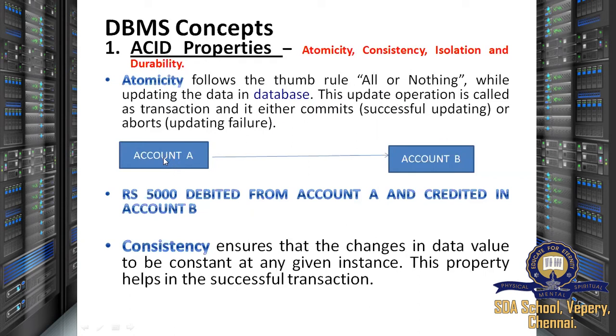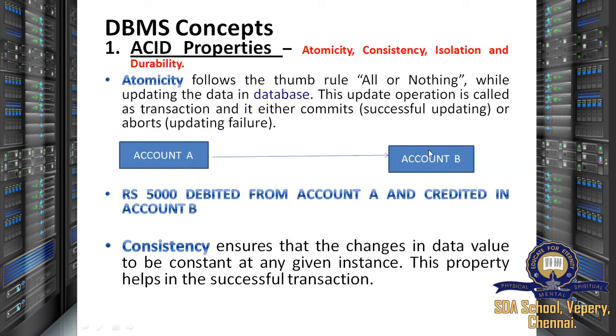The first account holder name is A. The second account holder name is B. From account holder A, he needs to transfer money 5,000 from his account to account B. While the transaction takes place, account A's money 5,000 will be debited from his account and credited in account B.